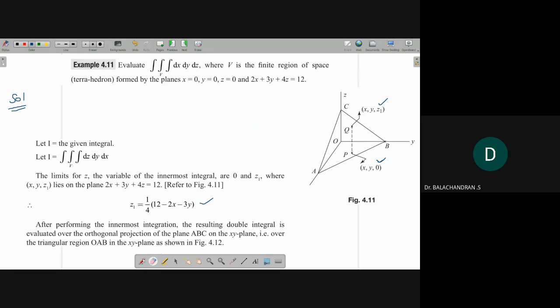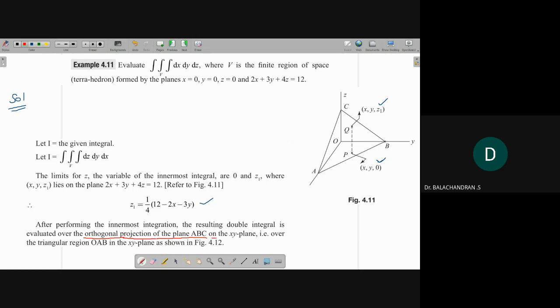After performing the innermost integral, the resulting double integral is evaluated over the orthogonal projection of the plane ABC.